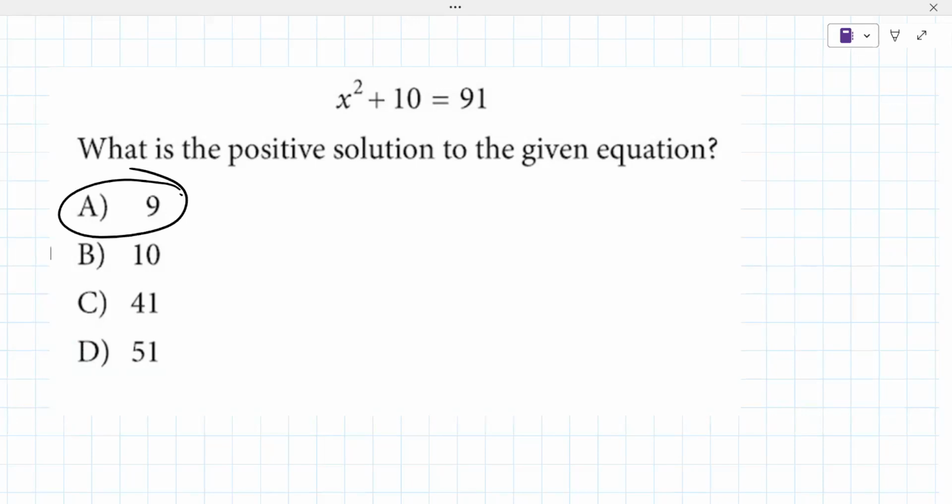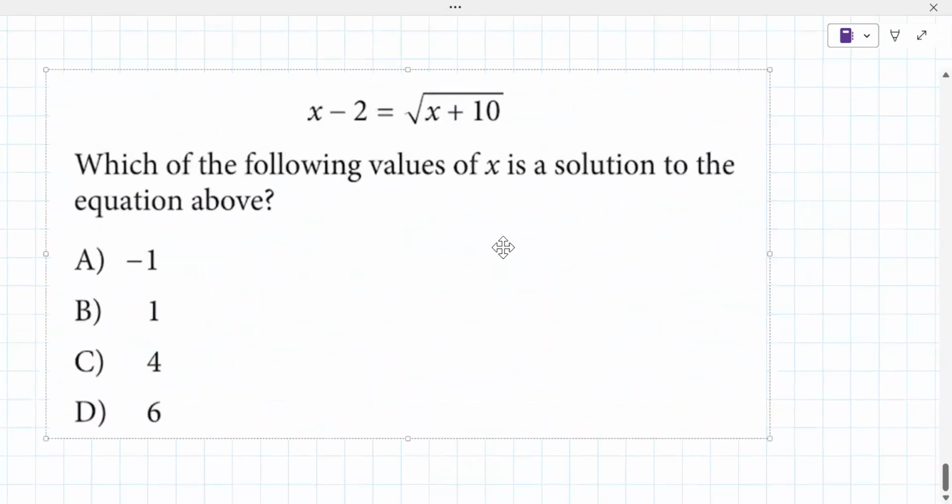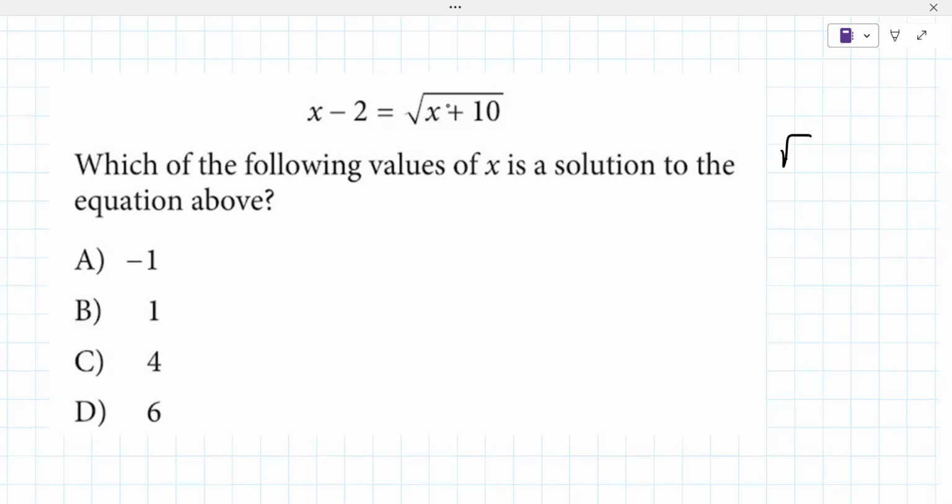All right, the next problem we'll look at is kind of related to the last one. When you're solving this, you could put these numbers into the equation, but you have to put it in twice. On the right you have a square root, so you have to remember what you can actually take the square root of. The square root of 0, the square root of 1 is 1, the square root of 4 is 2, the square root of 9 is 3, and so on.